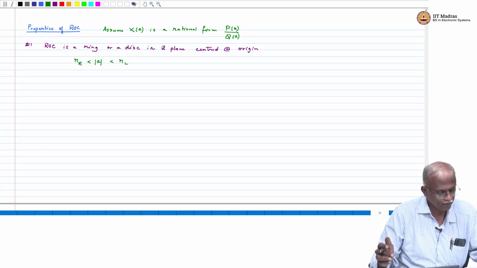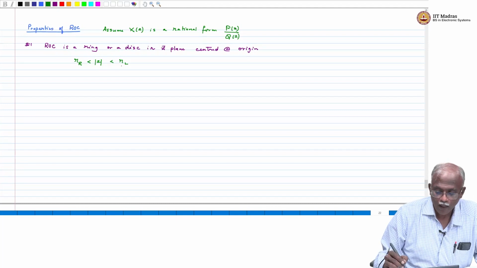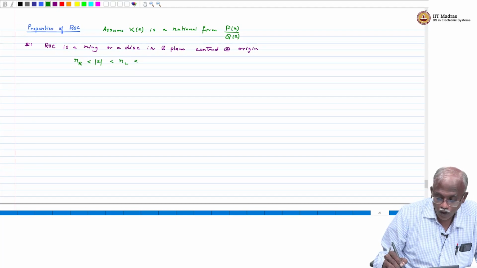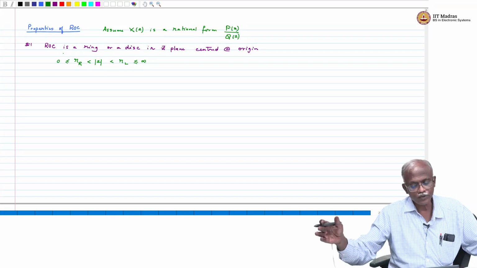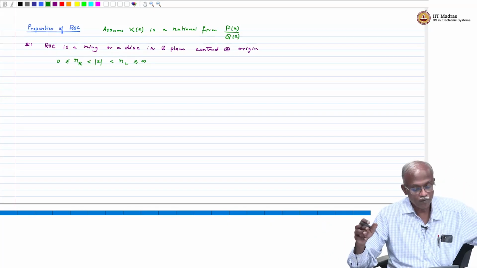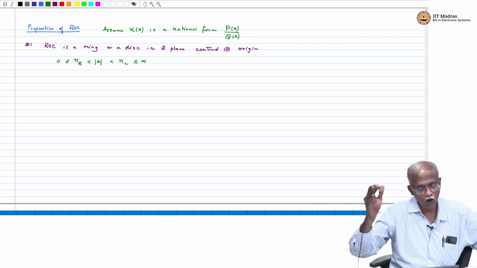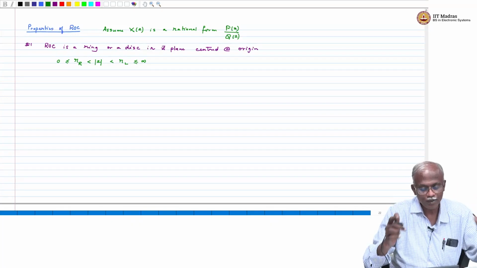Okay, we will explain why we are introducing this notation. And this RL can go all the way to infinity, and this RR can go all the way to 0. R goes from 0 to infinity. So, you can have all the way from 0 to infinity, or you can have a ring in between.